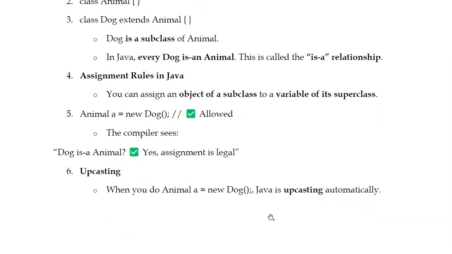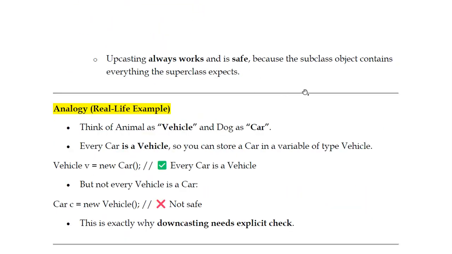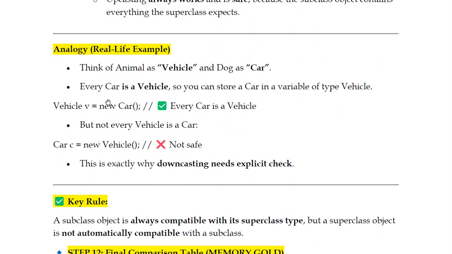The superclass expects only the child, so everything is available here. Think of a real-time example: Animal as a vehicle, dog as a car. Every car is a vehicle, am I right? So you can store a car in a variable of type vehicle.